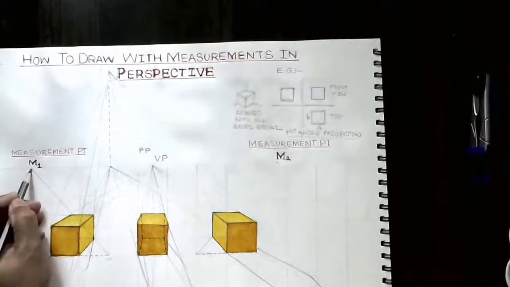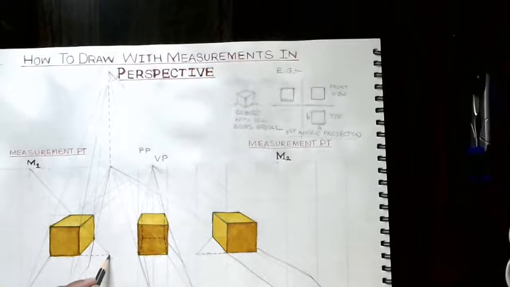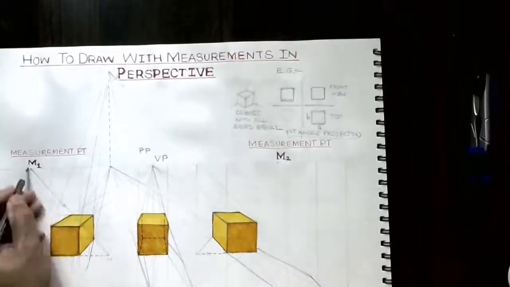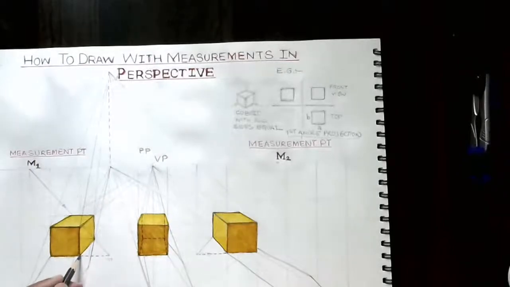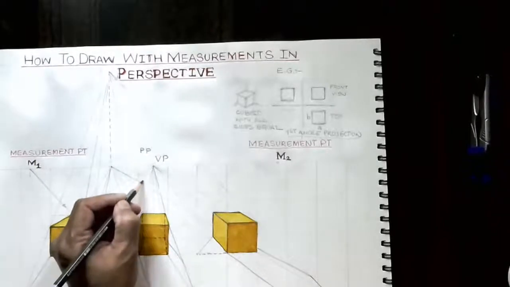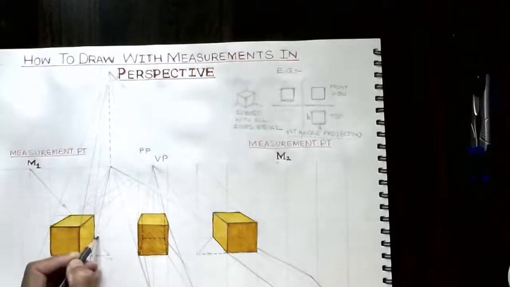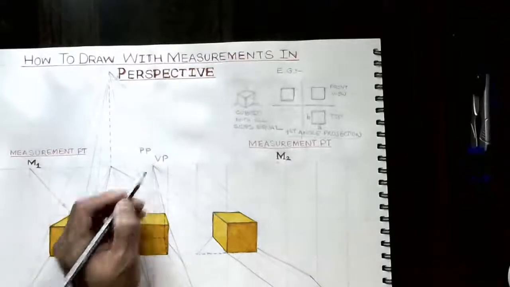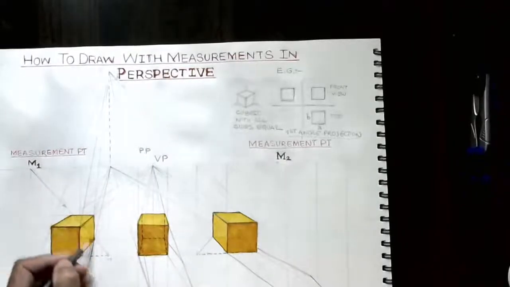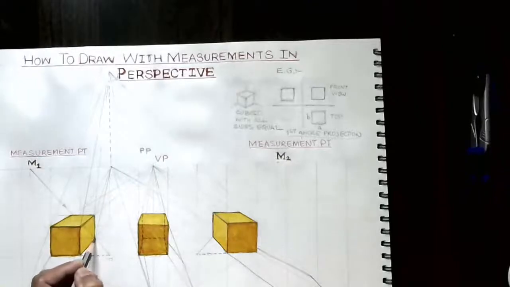Now from there, when we get this length, we join this. Wherever the base line goes towards the vanishing point, when we join these two lines, we get an intersection of points.